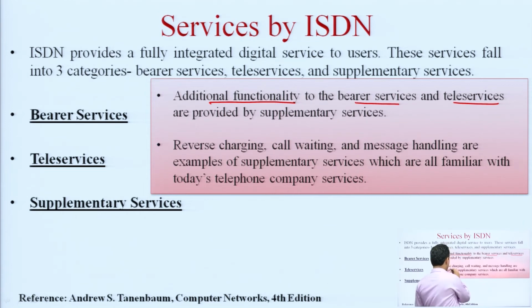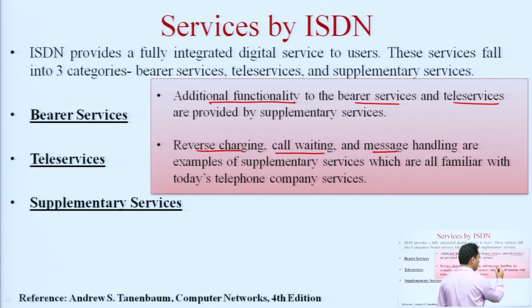Here, reverse charging means that we are paying something for the service which we are using. Okay? There are some hidden charges which we are applying to send this message, the 6 rupees cost, or if you are calling this number, then you have to pay the extra charge of 3 rupees per minute, like this. This is call waiting service, means we are sending the data, but we have some sort of queuing service as well.